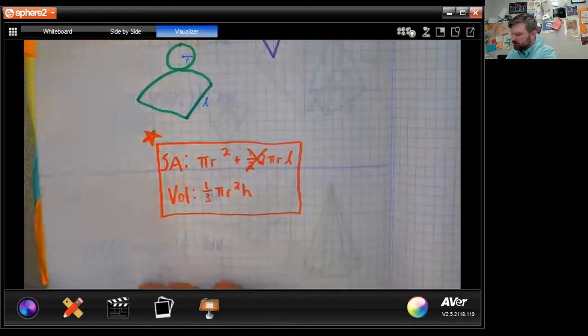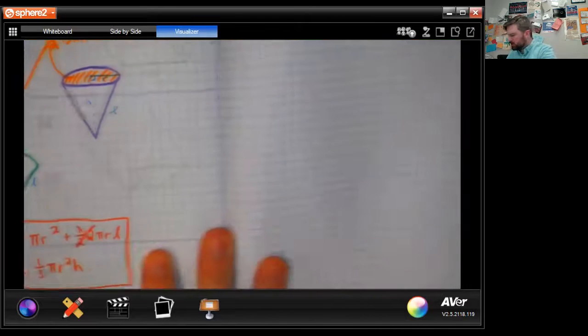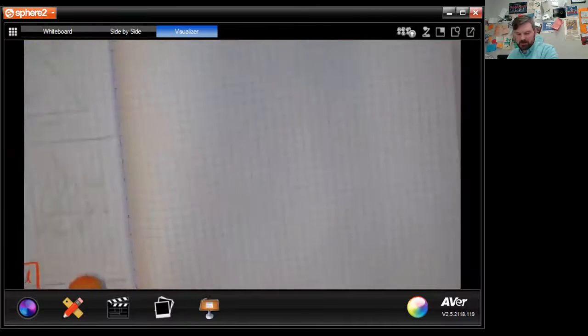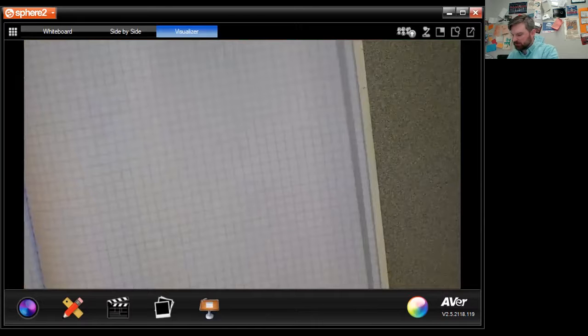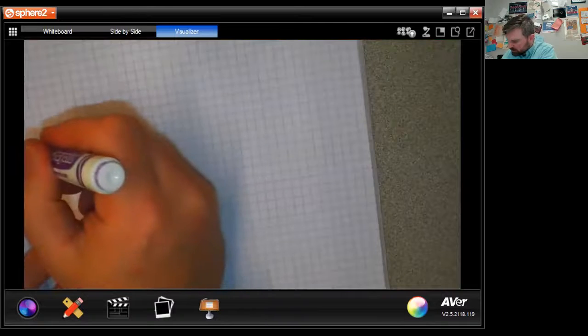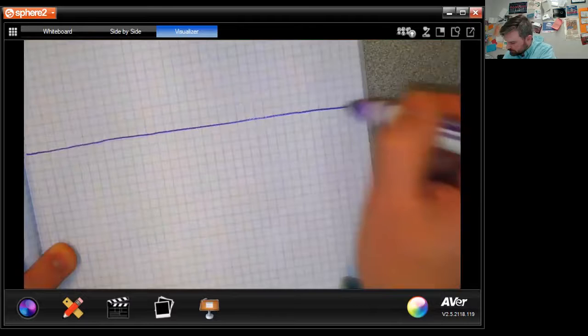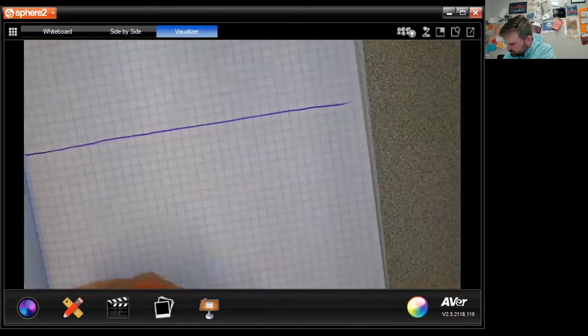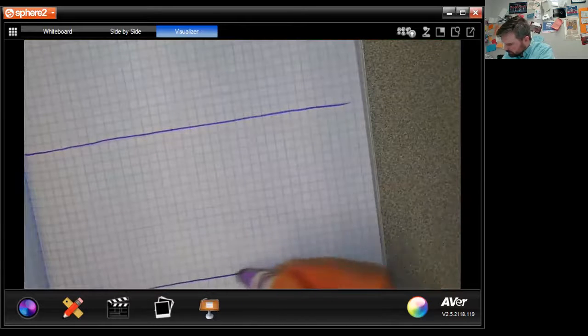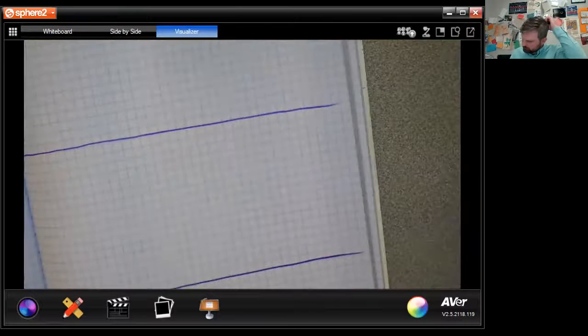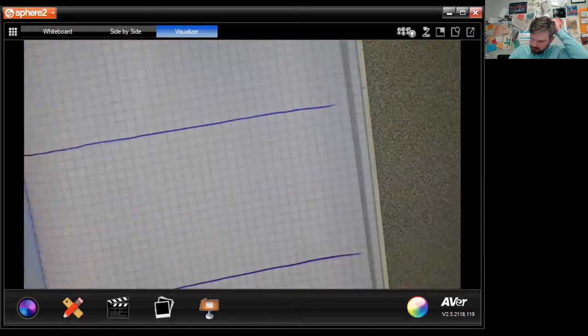Now we're going to jump over to page 127 and look at 3 examples. So we'll split our page into thirds. We'll get some shapes drawn here.